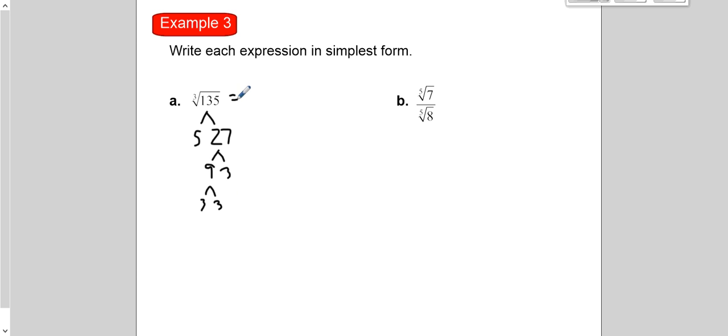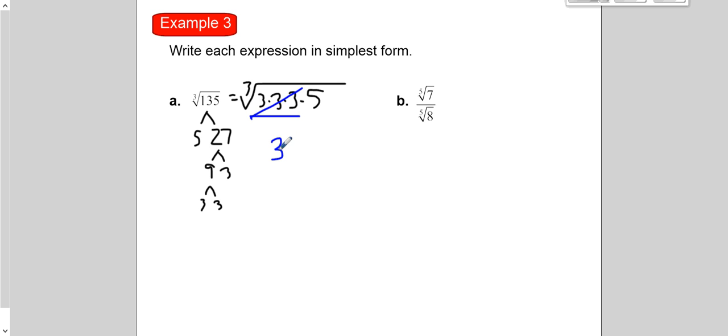So we have the cube root of 3 times 3 times 3 times 5. To simplify a cube root, we're looking for sets of 3 identical factors. We have 3 3's, so those 3 3's pop out of the radical and become 1 3. That's 27. 3 times 3 times 3 is 27. Cube root of 27 is 3.